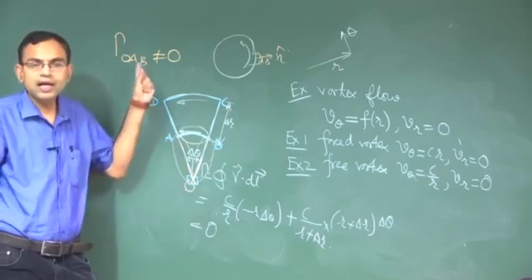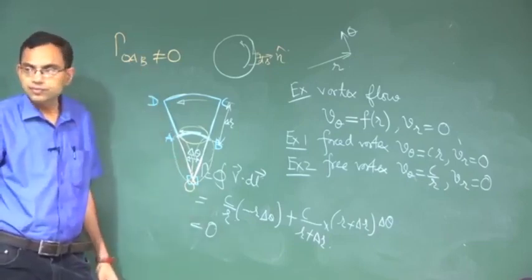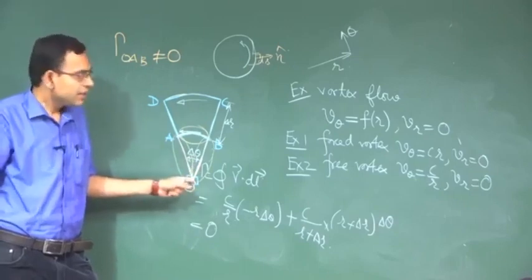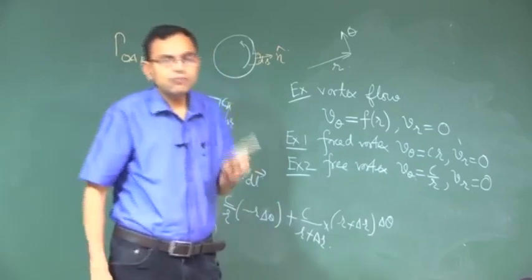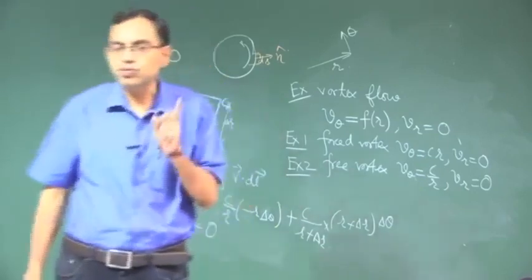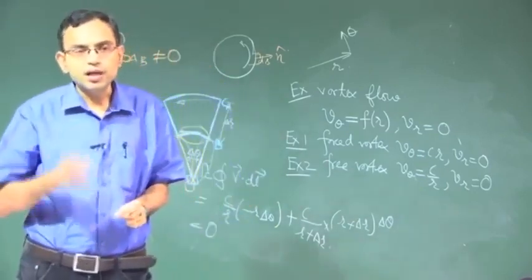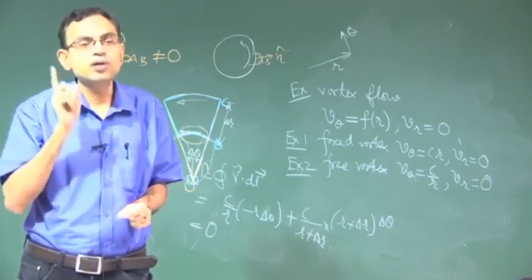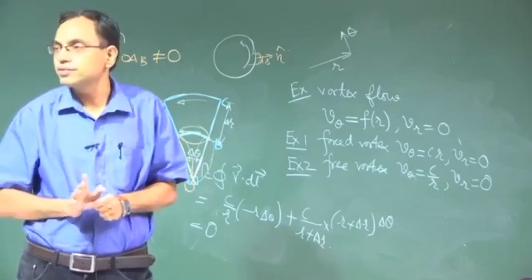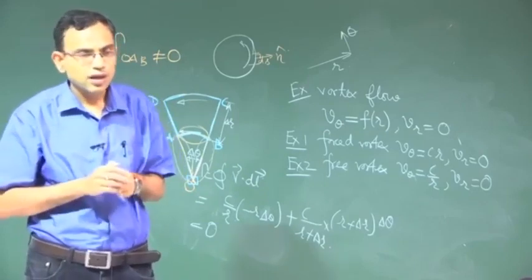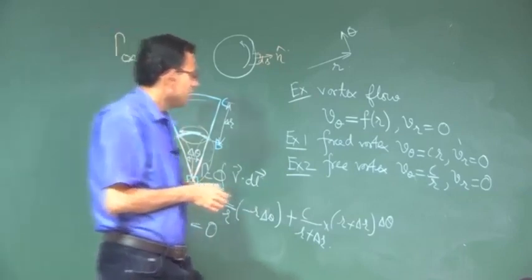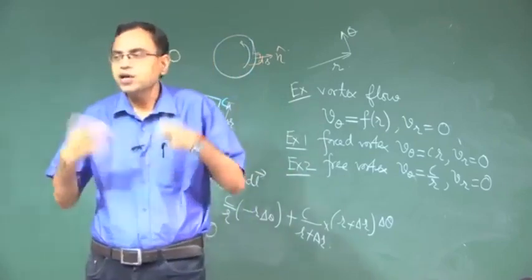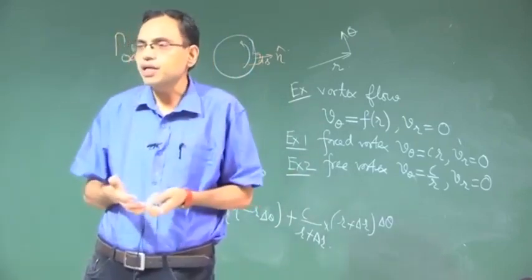That will spoil the entire integration. So, the moral of the story is that to calculate the circulation, to be specific, you can choose any arbitrary closed contour, provided that the contour does not include the point of singularity.